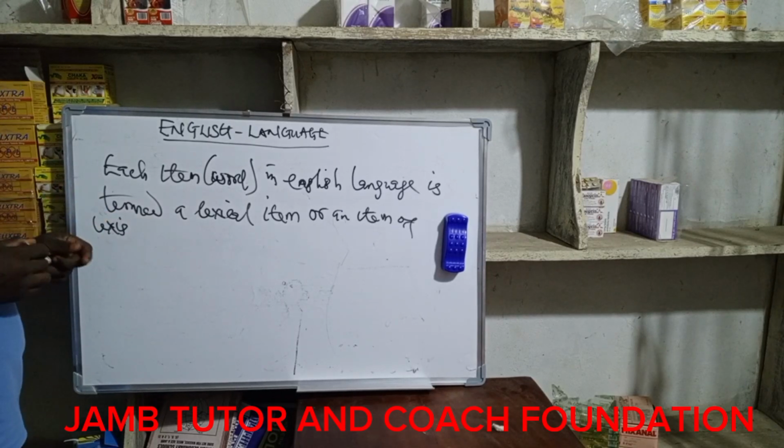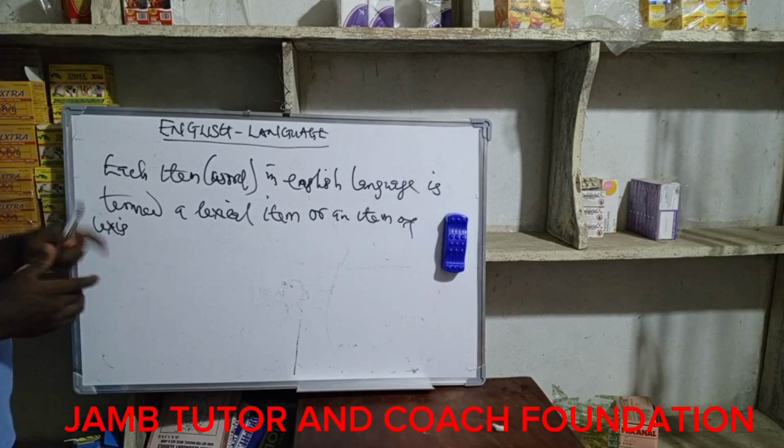So a language, basically English language, is predicated on a system of rules or relationship between words.